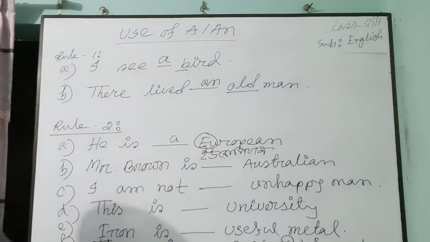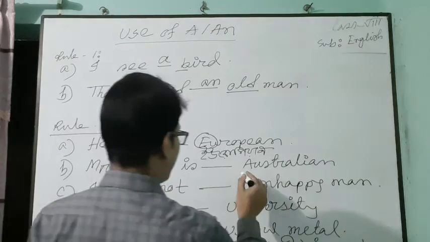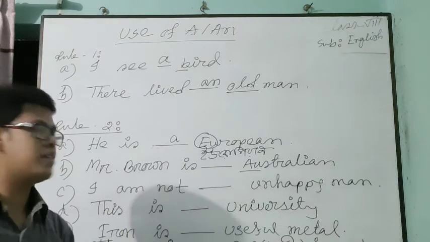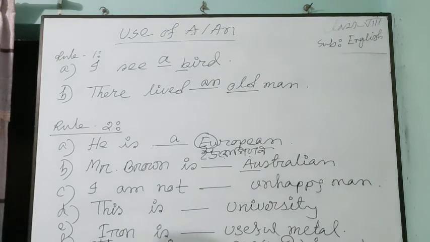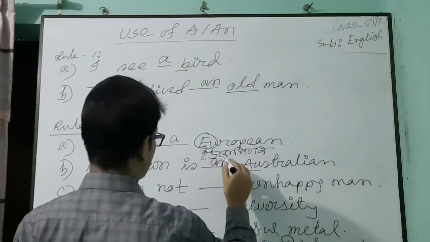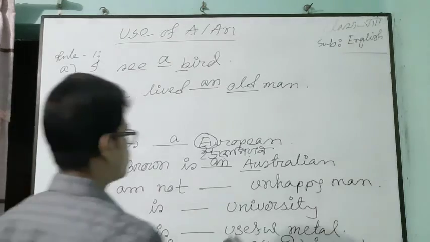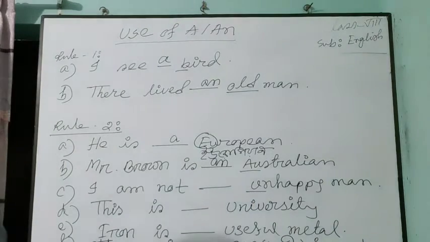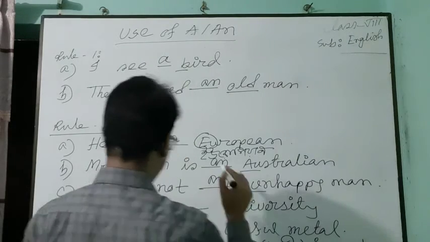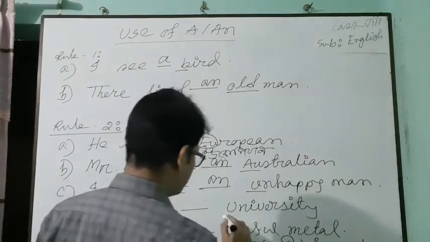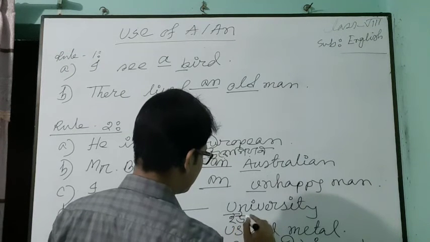Mr. Brown is an Australian. As Australian does not sound u, we can put an before Australian. But I am not that unhappy man. Unhappy's u also does not sound as u, so we can use an there. But this is a university. University's u sounds as u.